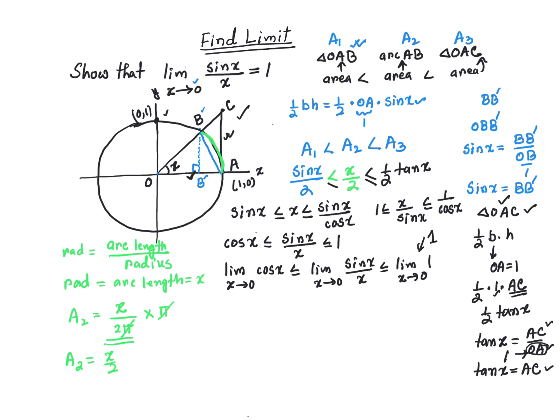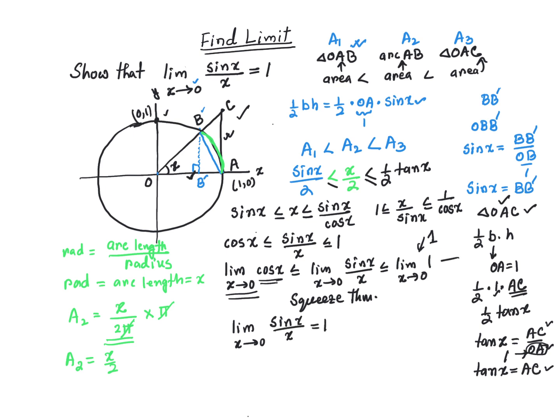However, as x approaches 0, cosine of x approaches 1. In the limiting case, the limit as x approaches 0 of cosine of x is going to be just 1. So by using the squeeze theorem, we can conclude that the limit as x approaches 0 from the positive side of sine of x over x is equal to 1.